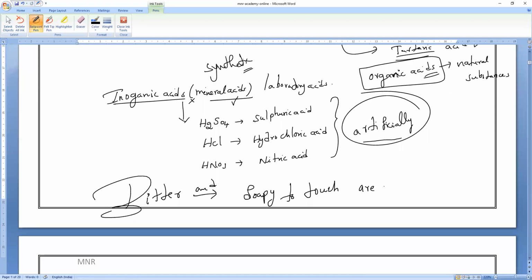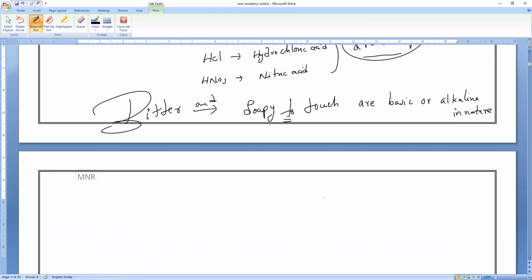We can say they are basic in nature, or alkaline in nature. All of you remember, those substances which are bitter in taste and soapy to touch are basic or alkaline in nature.